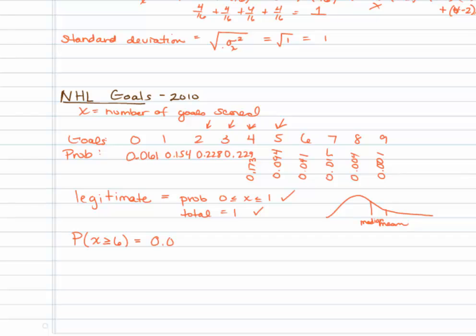So you'd want to add up 6, 7, 8, and 9 to try to find out what the probability would be. 56. I'm going to check that with a calculator.